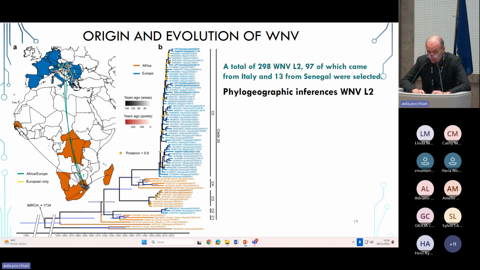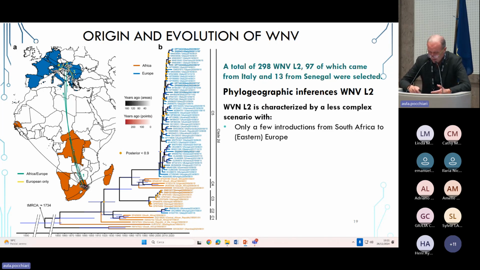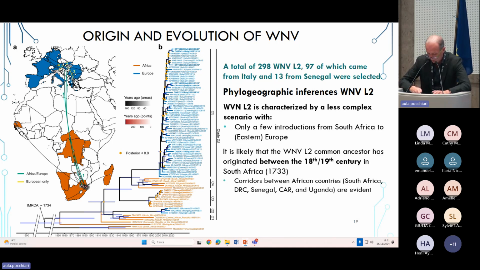Regarding lineage 2, the scenario is much less complex because we have only a few introductions from Africa to Eastern Europe.